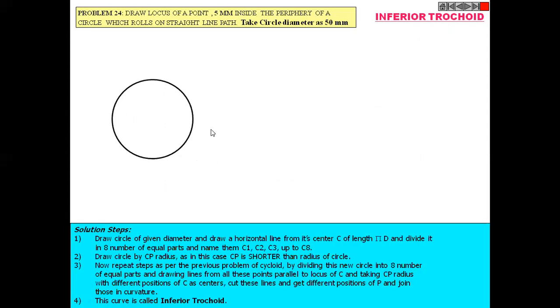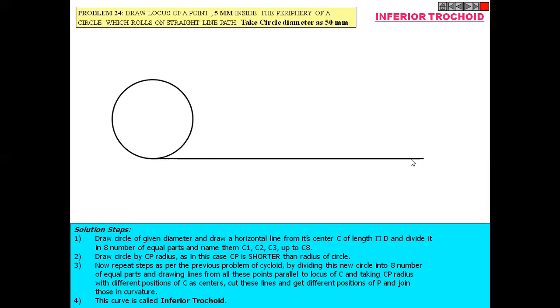This is the generating circle. The point P is 5 mm inside of this circumference. So again, the same procedure. Draw a circle with 50 mm diameter.